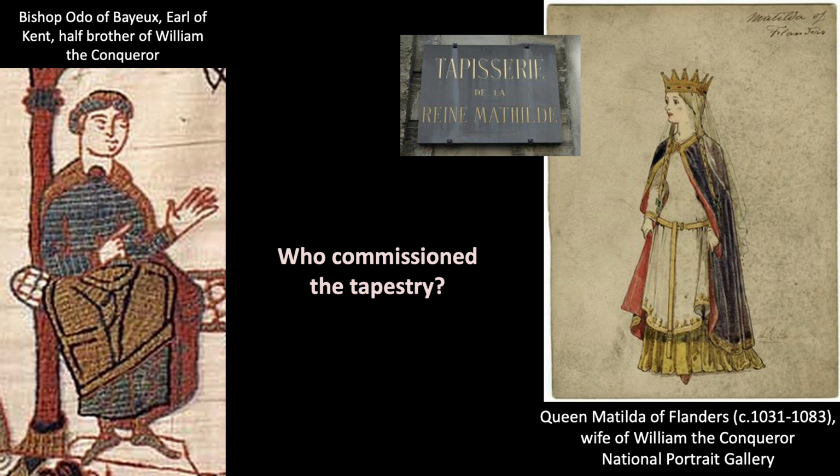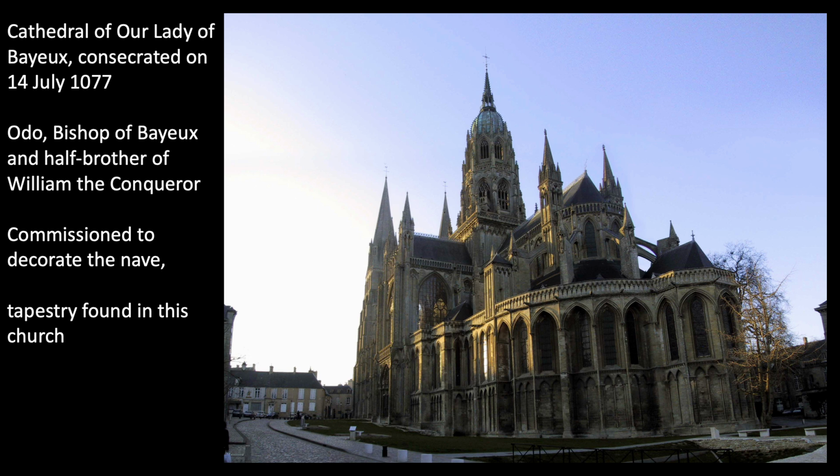Now, who commissioned this tapestry? Because in France, it's often referred to as the tapestry of Queen Matilda, which is probably not true. It was probably commissioned by Bishop Odo of Bayeux. He was the half-brother of William the Conqueror, and he probably commissioned it for this church, the Cathedral of Our Lady of Bayeux, which was consecrated in 1077.